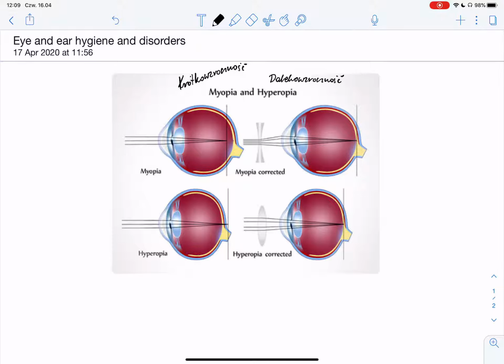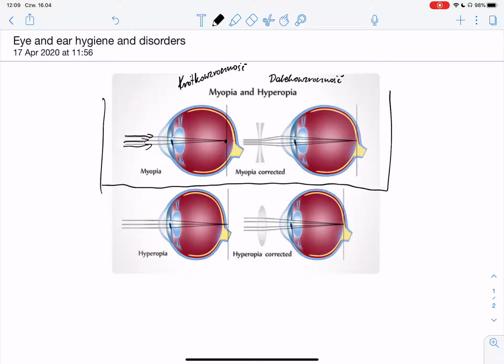And guys, in myopia, you can clearly see items that are close to you, but the further ones are blurred. And this is the case in here. So you can see that the rays of light are entering the eye, they are going through the pupil, but they focus just before the retina.